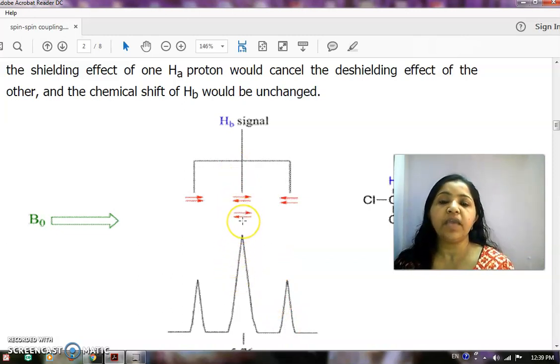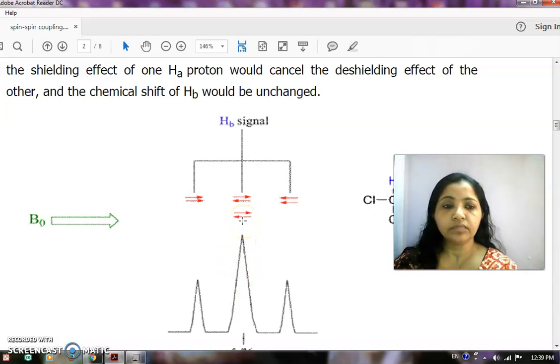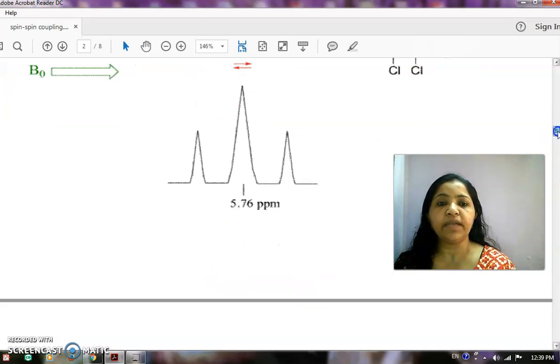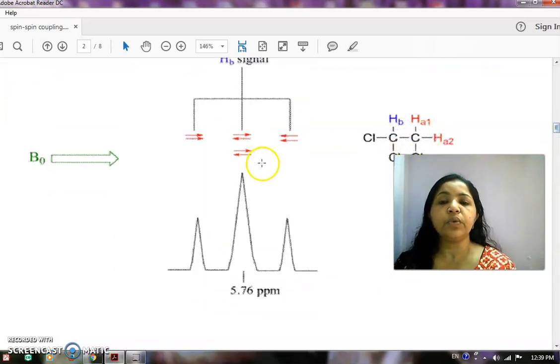So here we have HA opposing, HA opposing, whereas these two are both opposing. Here there is a triplet, a splitting triplet. If it is aligning, the nuclei will be deshielded. If it is opposing, the nuclei will be shielded. So therefore you have a kind of triplet.